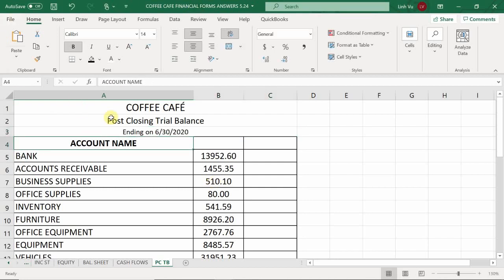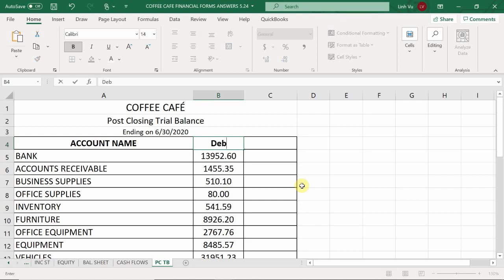Okay. And again, I'm going to format this to say this is supposed to be your debit column, and this one is supposed to be your credit column.